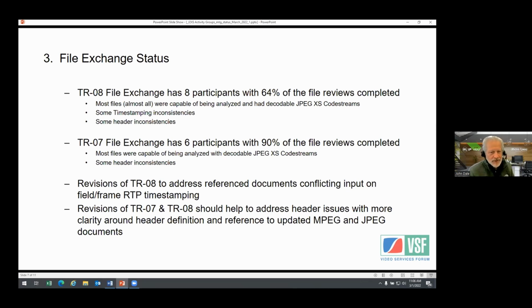So that's really positive, that people were able to use the information and put together compliant JPEG-XS code streams. There were some timestamping inconsistencies, and there were also some header inconsistencies. And those are items we've seen typically in interoperability testing due to some of the reference documents and some of the various understandings of those documents.